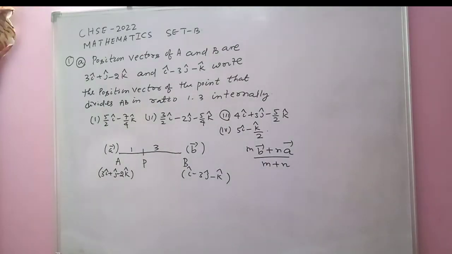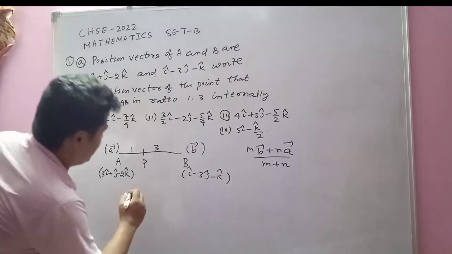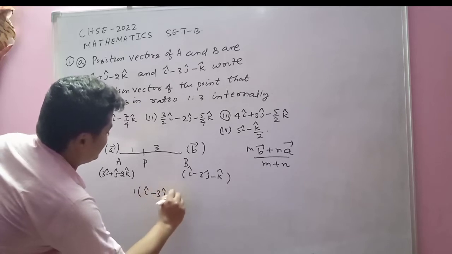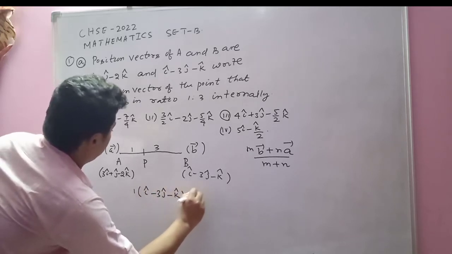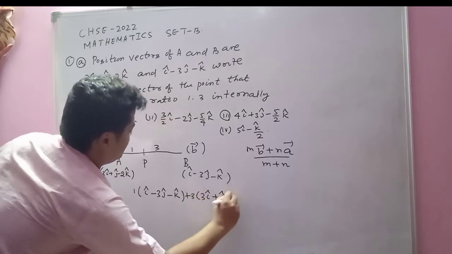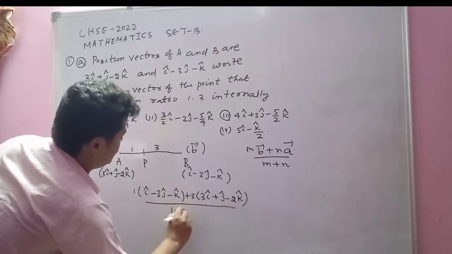In this case, m is 1 and n is 3, right? So the answer will be 1 into i cap minus 3j cap minus k cap plus 3 into 3i cap plus j cap minus 2k cap divided by 1 plus 3.